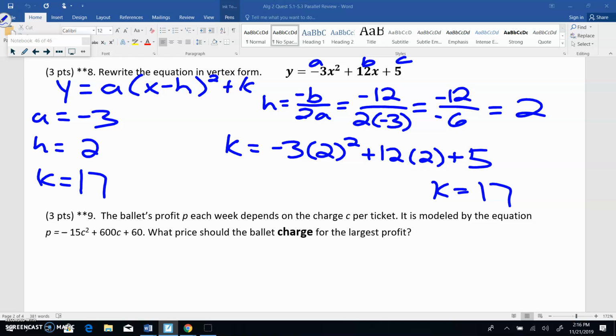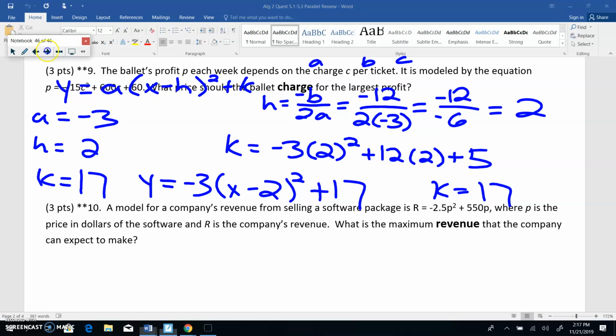I just have to plug them into the correct spot. So y is equal to a is -3 times (x minus my h, which is 2) squared. Okay, and my k is 17. All right, so that's how you do that there. You just have to find all 3 pieces, and then you go ahead and you plug them into the correct spot.